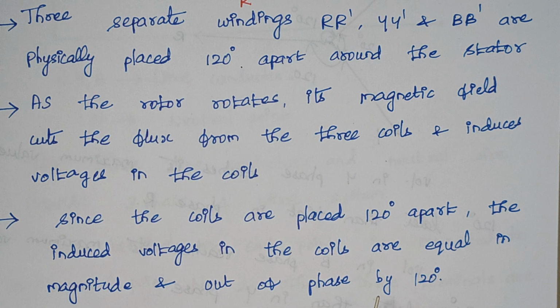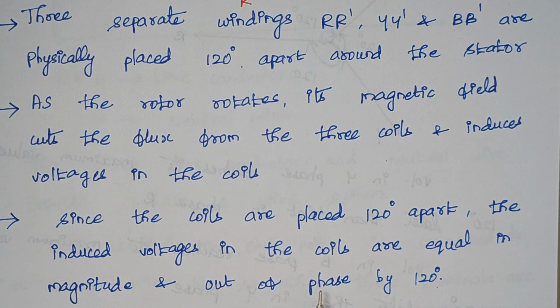R dash, Y dash and B dash. The magnitude of the voltage induced in all the coils remains the same. For example, if the voltage induced is 100 volts, 100 volts will be induced in R dash, similarly in Y dash and in B dash. But they are out of phase by 120 degrees.